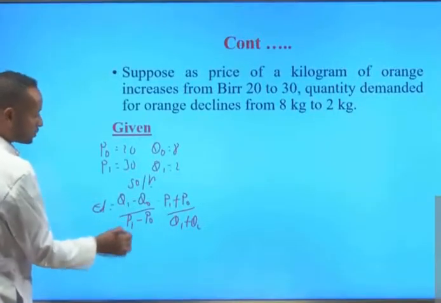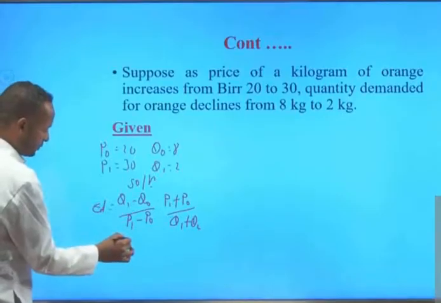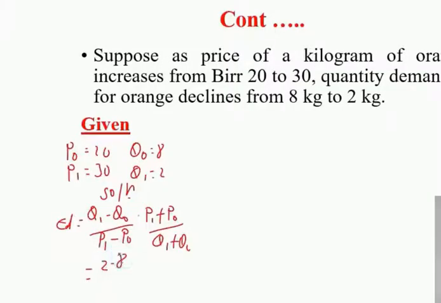So when we substitute this information into the formula, the value of Q final is 2 minus Q initial is 8, divided by P final is 30 minus P initial is 20, multiplied by P final is 30 plus P initial is 20, divided by Q final is 2 plus Q initial is 8.